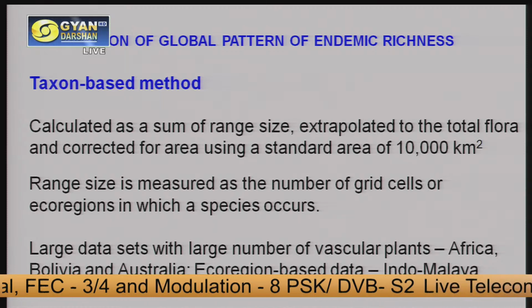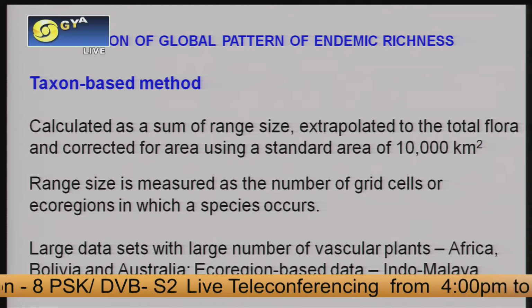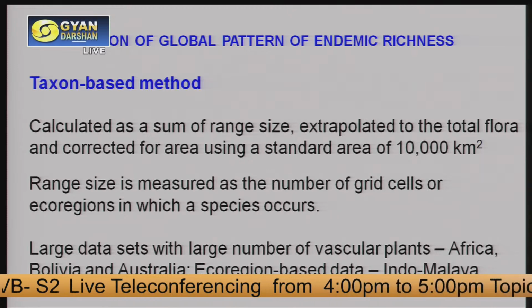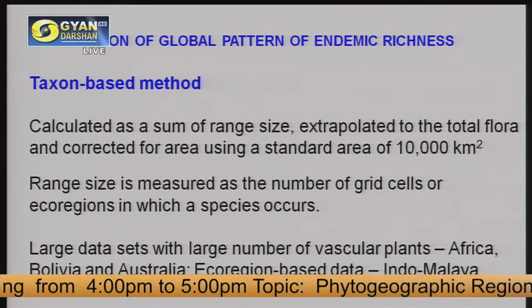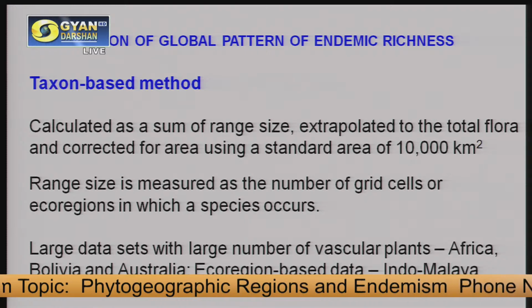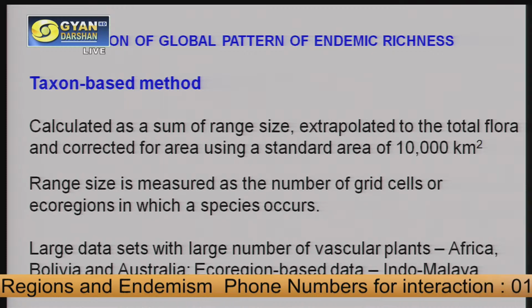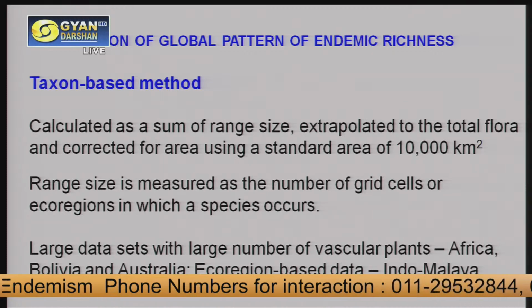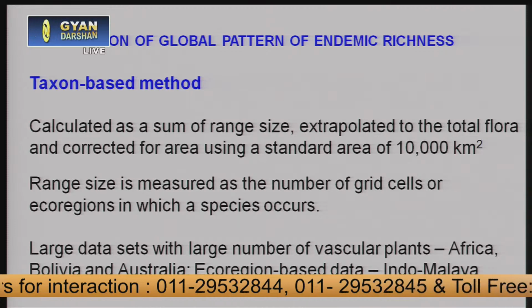So in this taxon based method, in certain parts, as you can see Africa, Bolivia and Australia, you have large data sets with a large number of vascular plants. Whereas in Indomalaya, you have ecoregion based data. So the data sets will vary according to the taxon based method. The data sets will vary for different parts of the world.